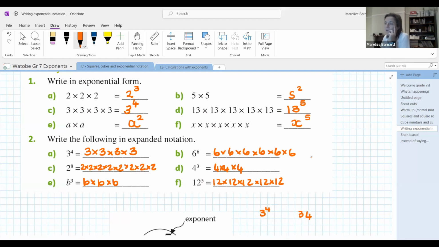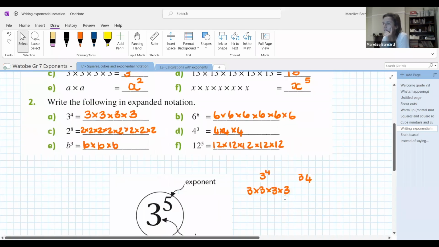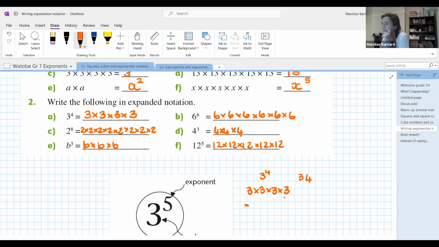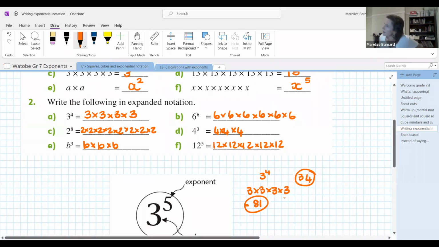So 3 times 3 times 3 times 3. 3 times 3 is 9, times another 3 is 27, times another 3 is 81. You see, it's not the same thing, so we can't write it like that. They're two different things. It's like saying you're the same person as someone else, but you're not.